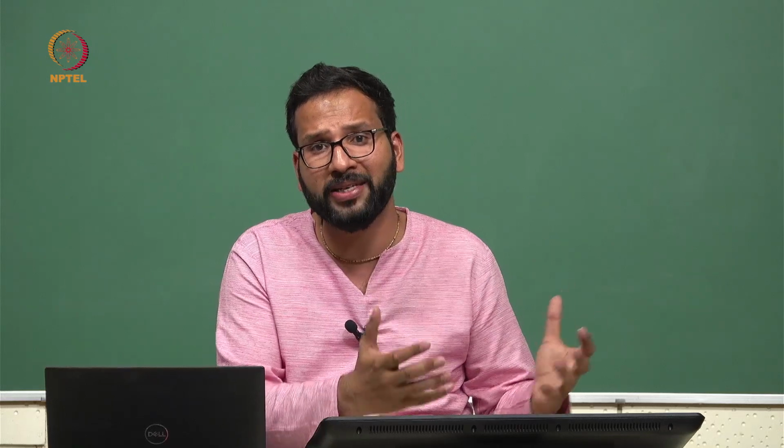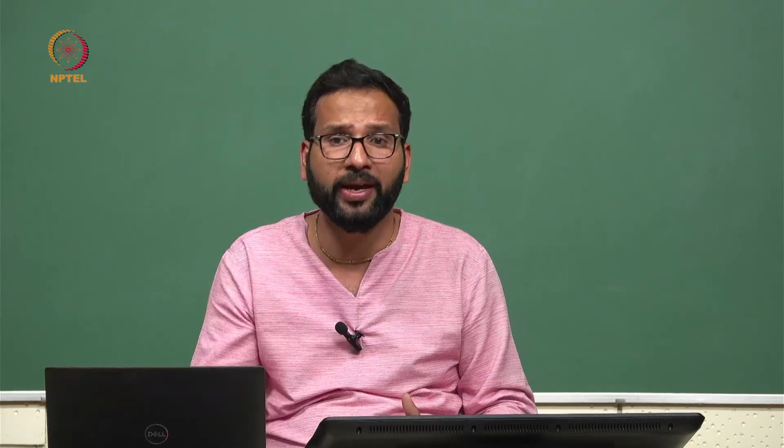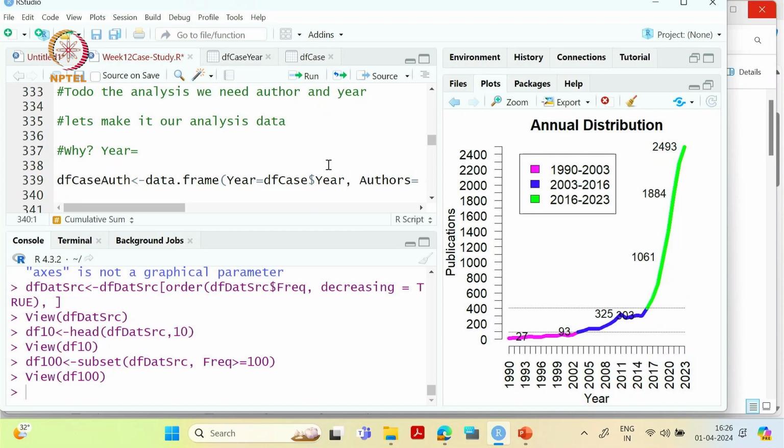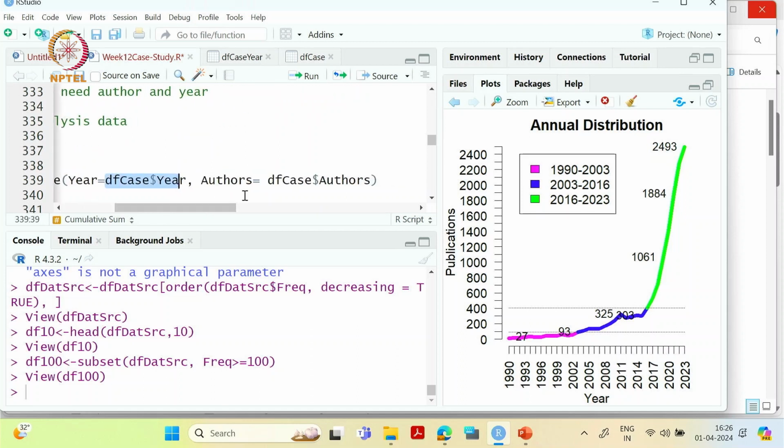Because we need to present the data with respect to the year, we will make another object where we'll have the year column and the author column. Now we'll call it as this: data.frame(year = df_case$year). So this is our year data and this is our authors data.